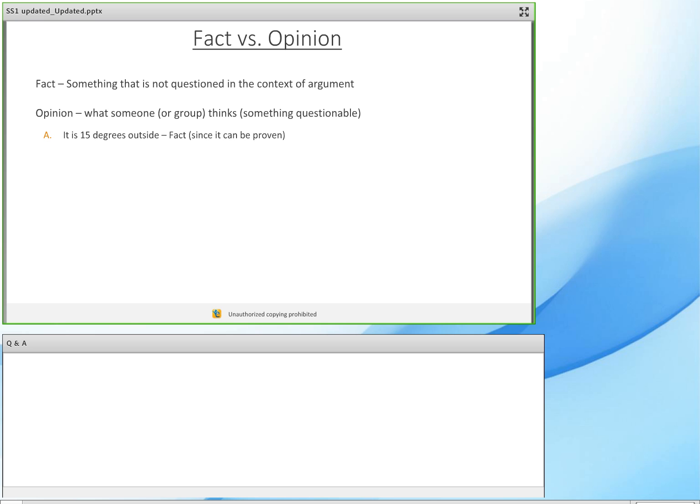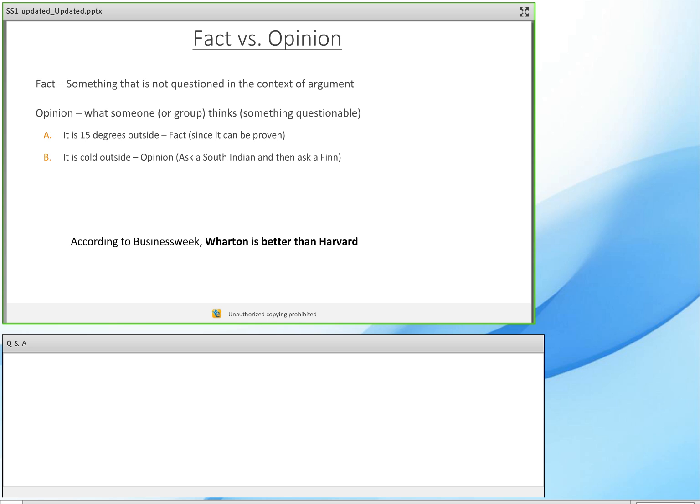Things such as it is 15 degrees outside, that's a fact. Why? Because it's proven, and you can really say it's a specific thing. When you say it's cold outside, different people may have different opinions of what cold is. So that's how we commonly think about fact versus opinions. In the context of GMAT, it's slightly different. Now let's look at this statement.